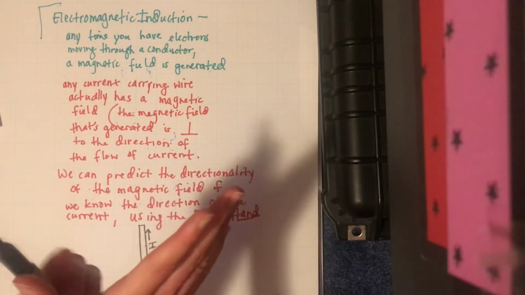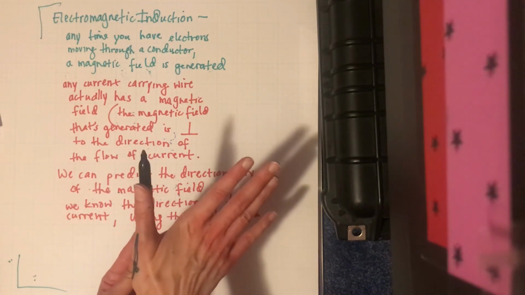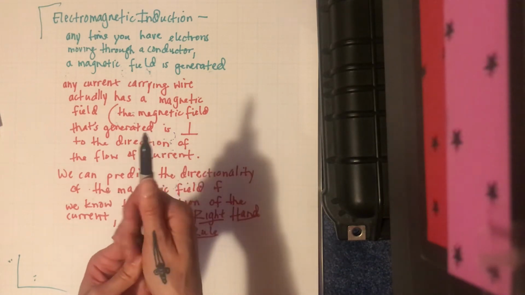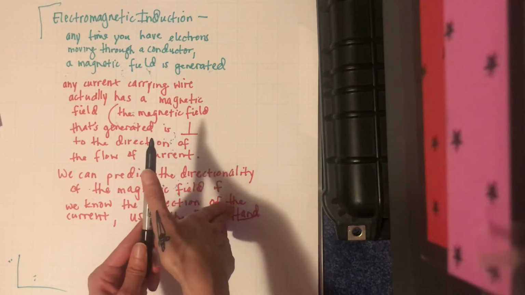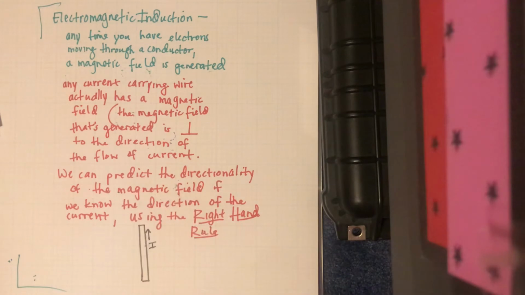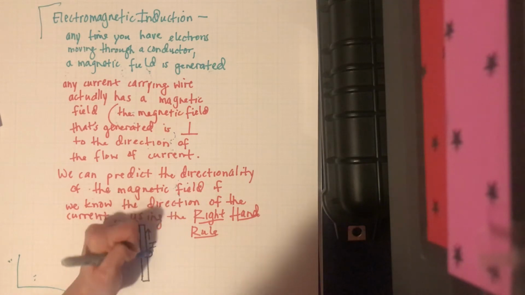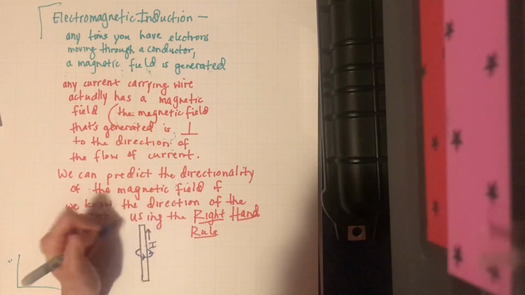So what you'll notice is if the current is traveling up the wire, my thumb is pointed up, which means that my fingers wrap around. It would be as though my fingers are going into the page and then coming out of the page. That's how they'll wrap around. So the way it would look over here is the magnetic field would be going into the page and then coming out of the page like this.